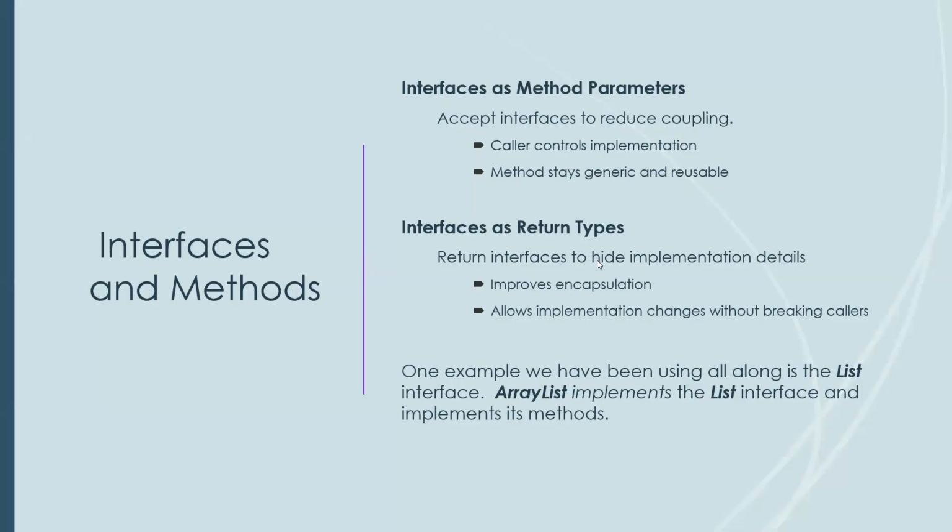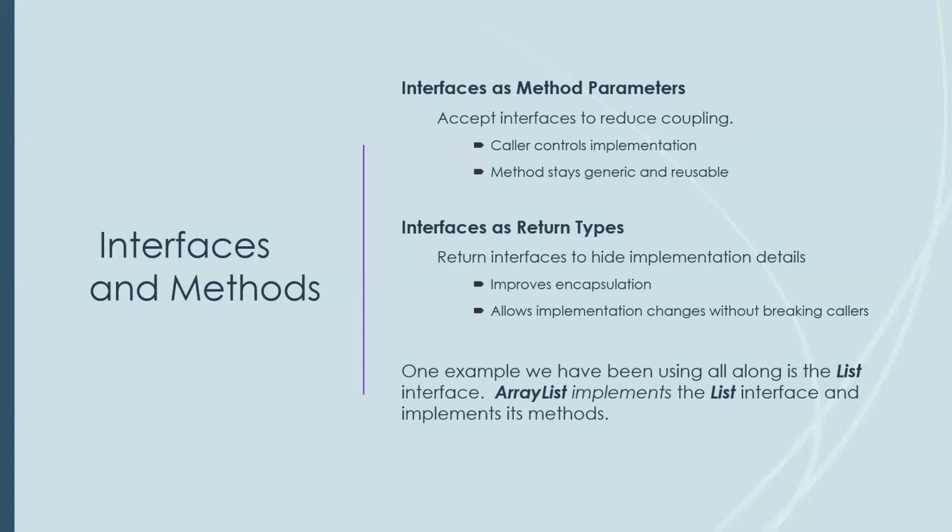Interfaces as return types. You can return interfaces to hide implementation details. So let's say you have a class that implements an interface. You have another class that also implements the same interface. But those two classes may implement the methods in the interface a little differently. But you can still return those classes as return types, improving encapsulation.